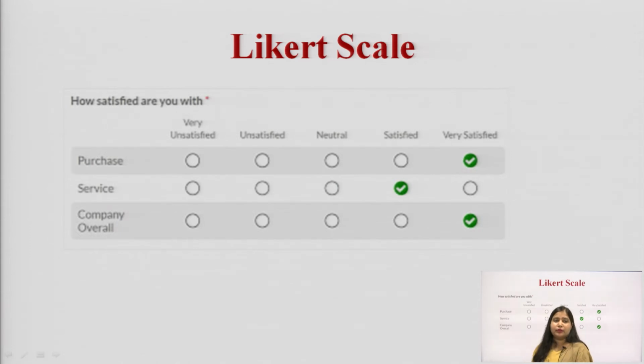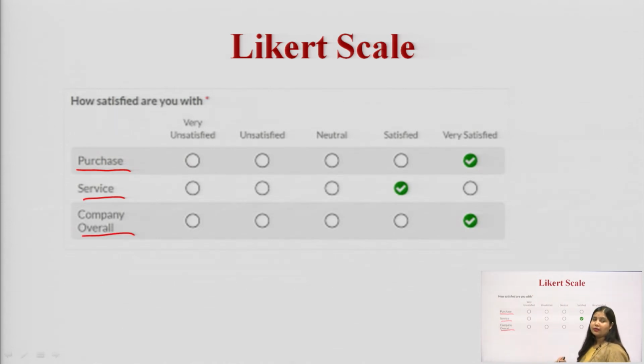One more example: you are asking your customer how satisfied are you with the purchase, and you have given them 5 responses, from very unsatisfied to very satisfied. You ask about the services, the purchase and the company.